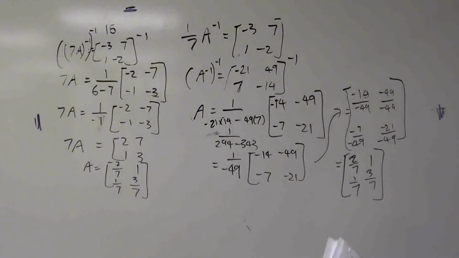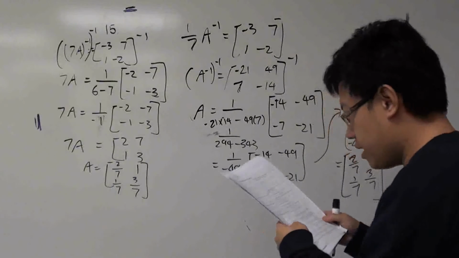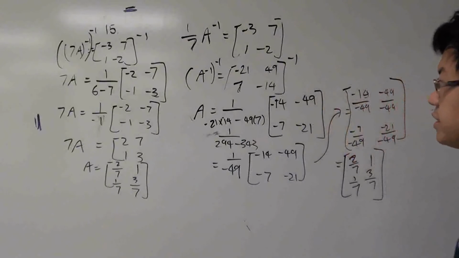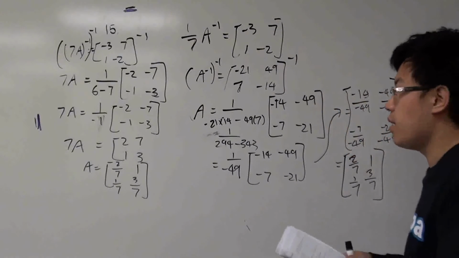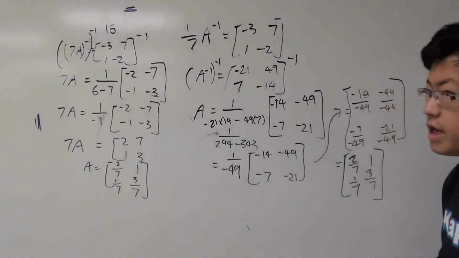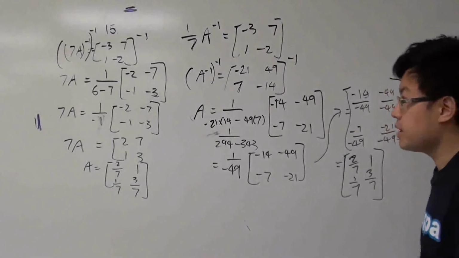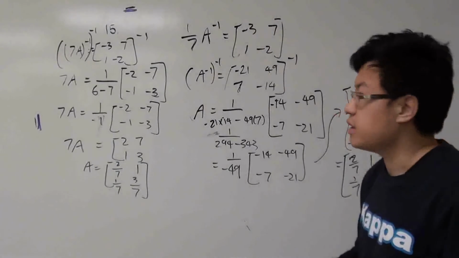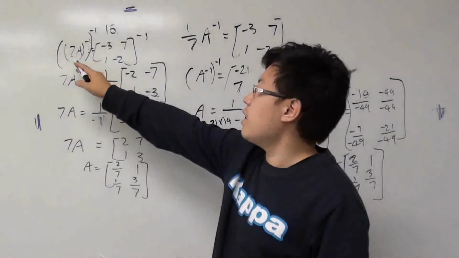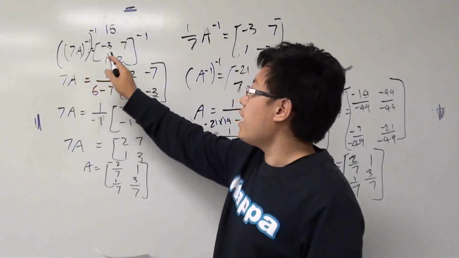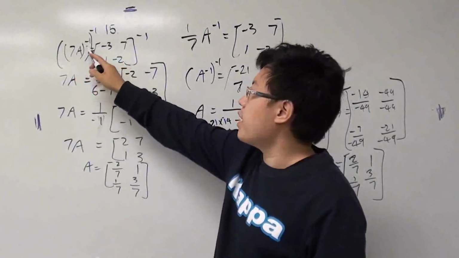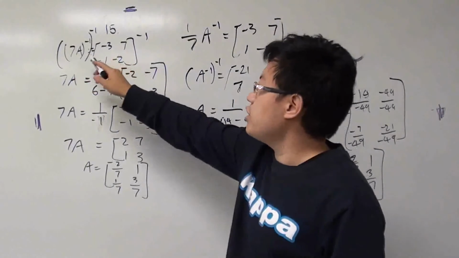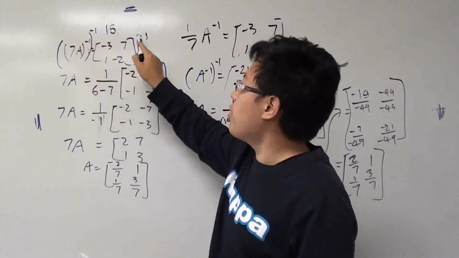Okay, for question 15, some people were having confusion with this, but it's the same concept. I actually did it both ways. One is a little better than the other from a numerical perspective. But the common way of doing it, which is also represented in the textbook, is that you have 7A to the power of -1 equal to the given matrix. So you put a negative exponent on both sides.